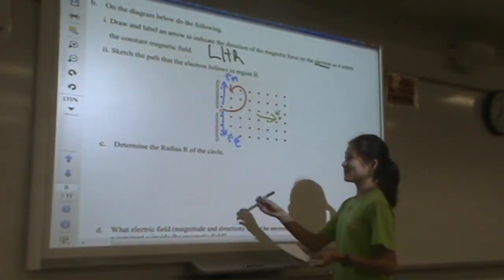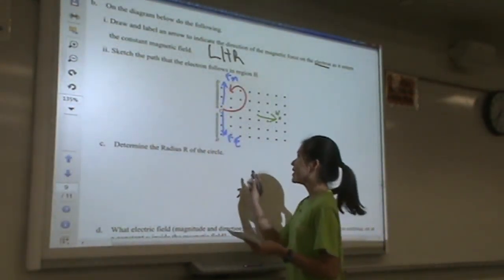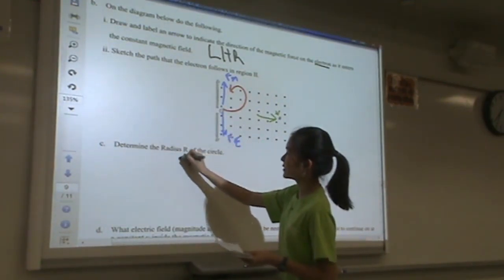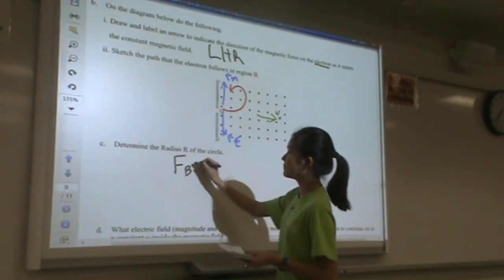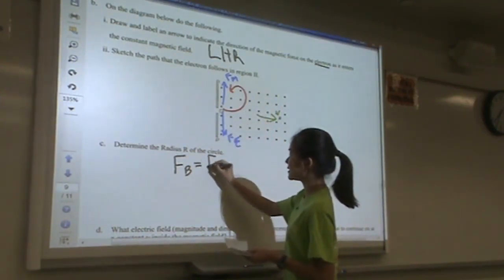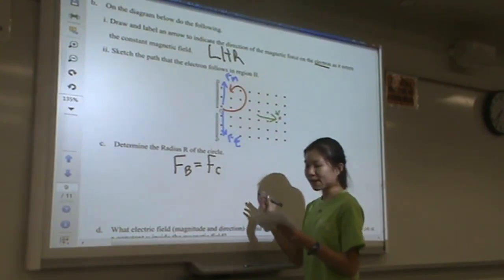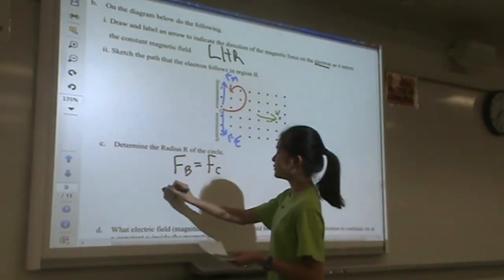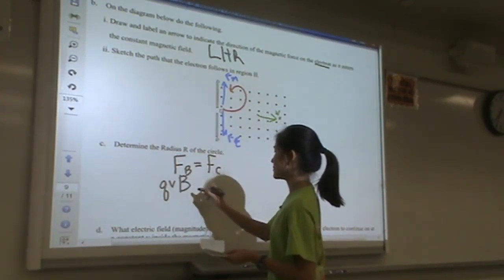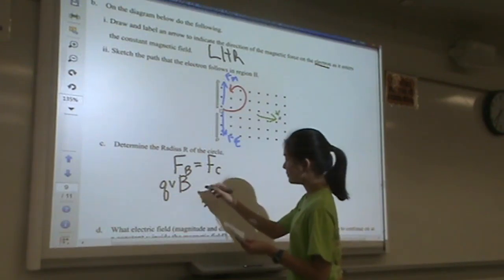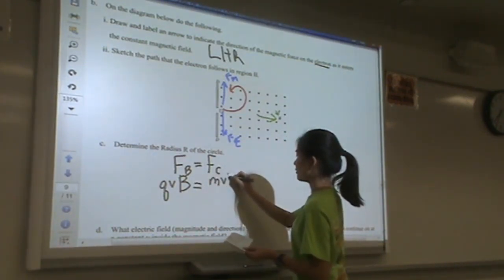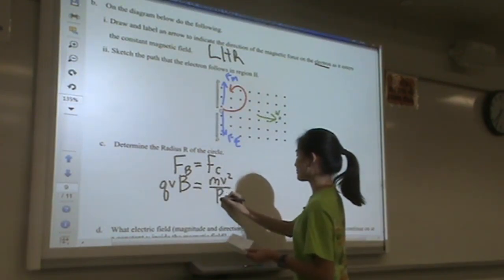Okay, the next part is to find the radius r of the circle. We know that this particle starts out with magnetic force, which is F of B, and then that converts to centripetal force, which is F of C. Magnetic force is qvB, which is your charge times your velocity times the magnetic field B, and that equals mv squared over r, which is centripetal force.